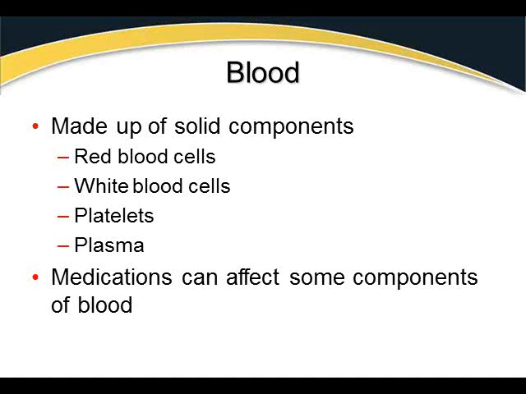The platelets are the clotting mechanisms. So basically they're fragments of, in most cases, red blood cells that have been modified and have some chemical mediators on them that help them do their job of sticking together and plugging up any holes in the system. And then medications can affect some of these components.